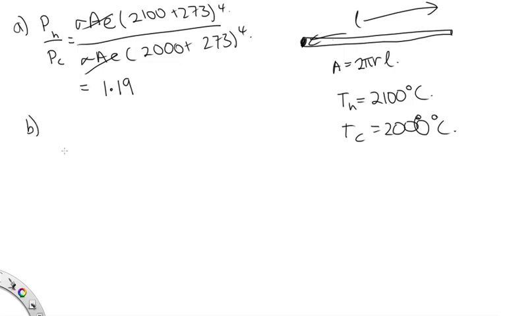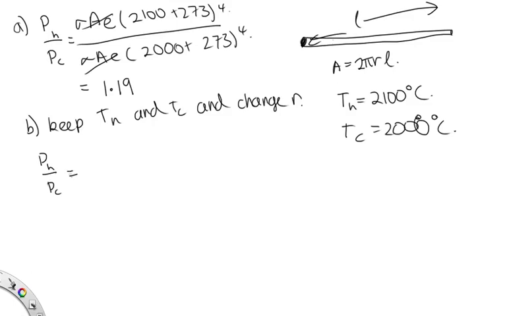Now in part B, we were told we want to keep the temperatures the same and change R. Okay, so now we want PH over PC, we want them to emit the same amount of power. So we want this to be equal to 1.